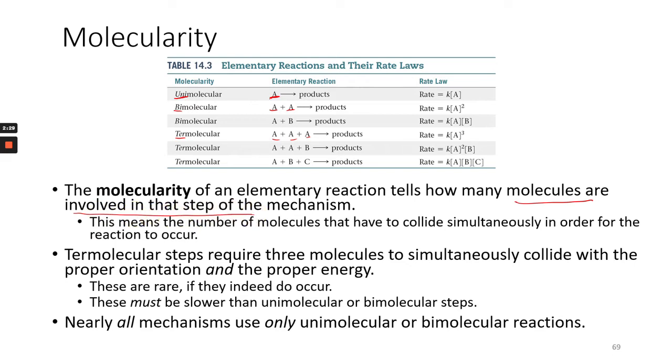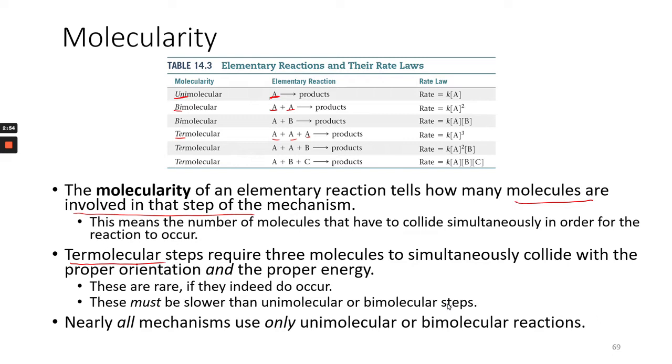This means the number of molecules that have to collide at the same time in order for the reaction to occur. Because these 3 molecules have to collide, be aligned correctly, and all hit each other at the same time, termolecular steps very rarely happen. It's just the probability of having 3 molecules all lined up perfectly, all hitting each other at the same exact instant.